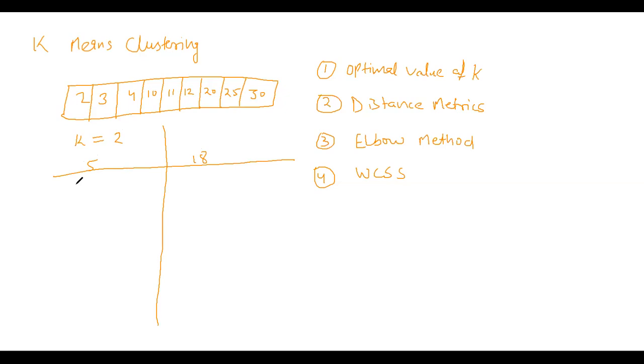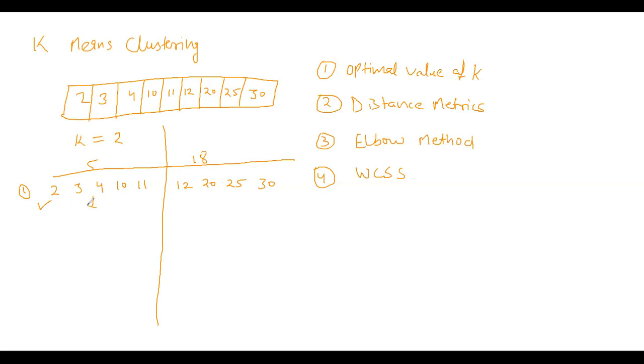Now my next step is to identify all of the observations that are closer to my centroid value 5. You can clearly see that in the first iteration, the values 2, 3, 4, 10, and 11 are closer to 5, and the values 12, 20, 25, 30 are closer to 18. So this becomes your first iteration of K-means clustering.